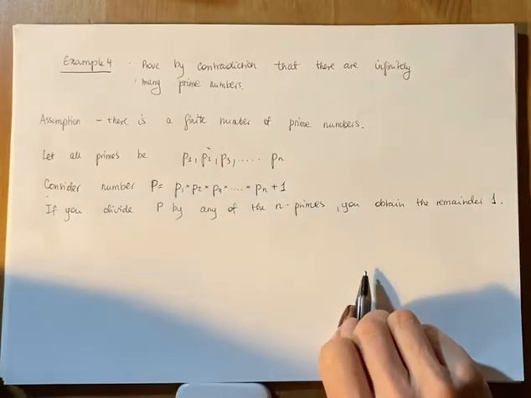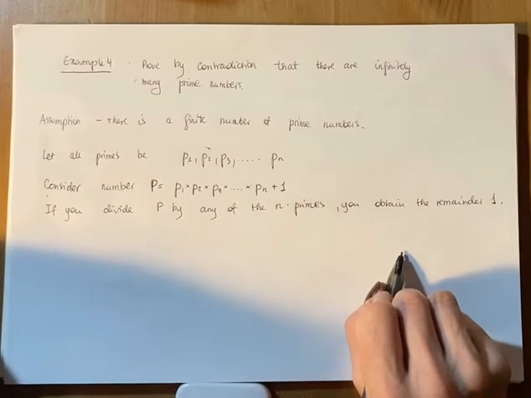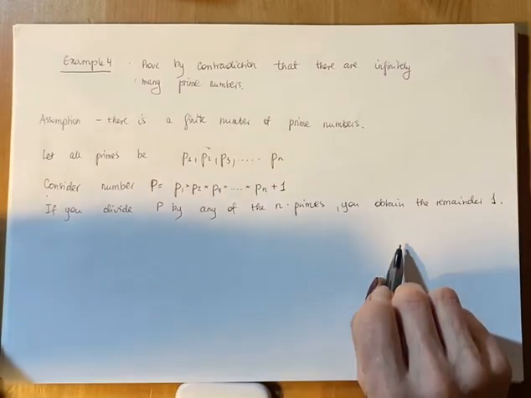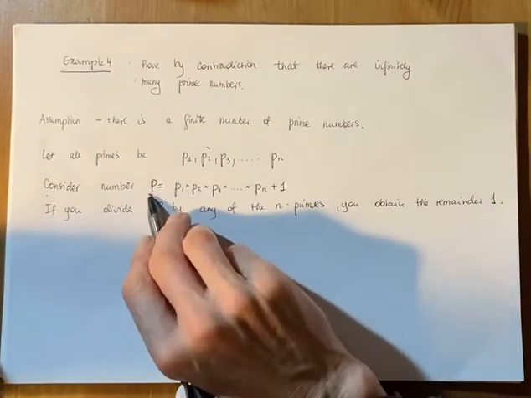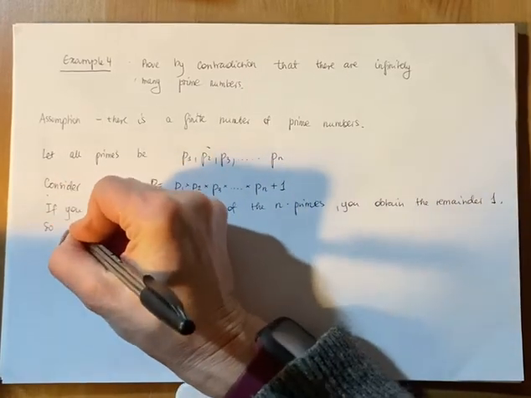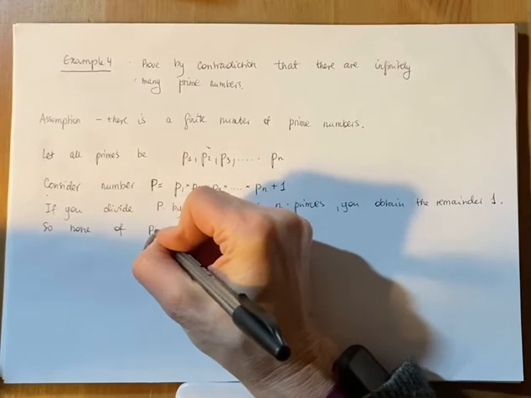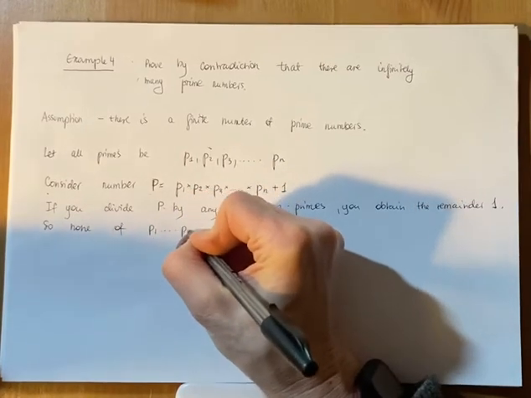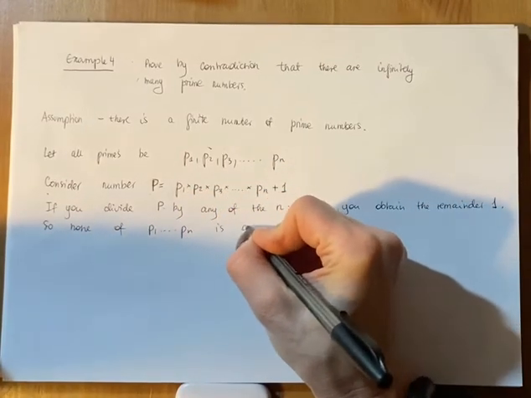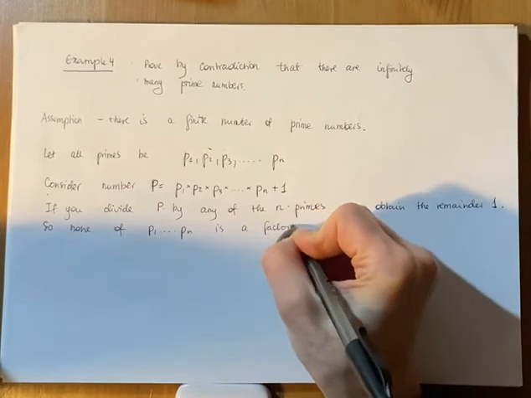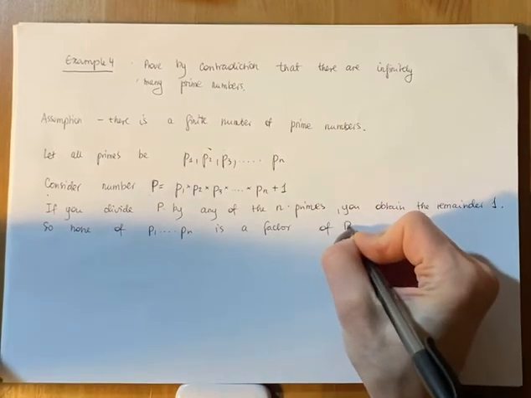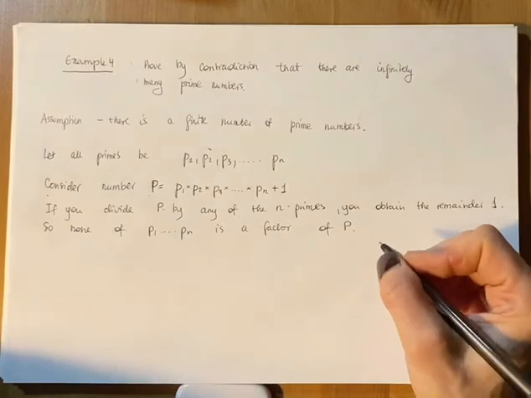Okay, so a remainder 1. So none of the prime numbers is a factor of that. So none of P1 all the way up to Pn is a factor of P. So what does it mean?